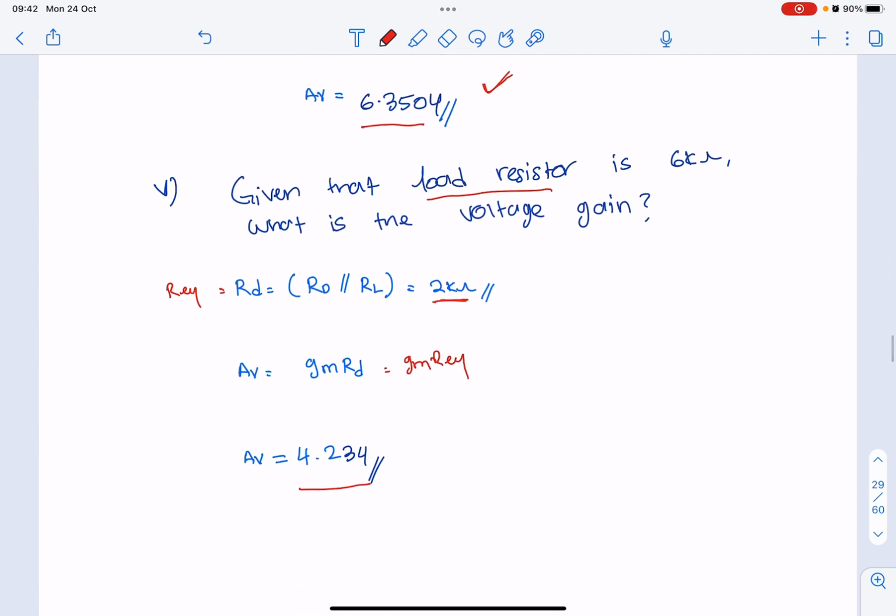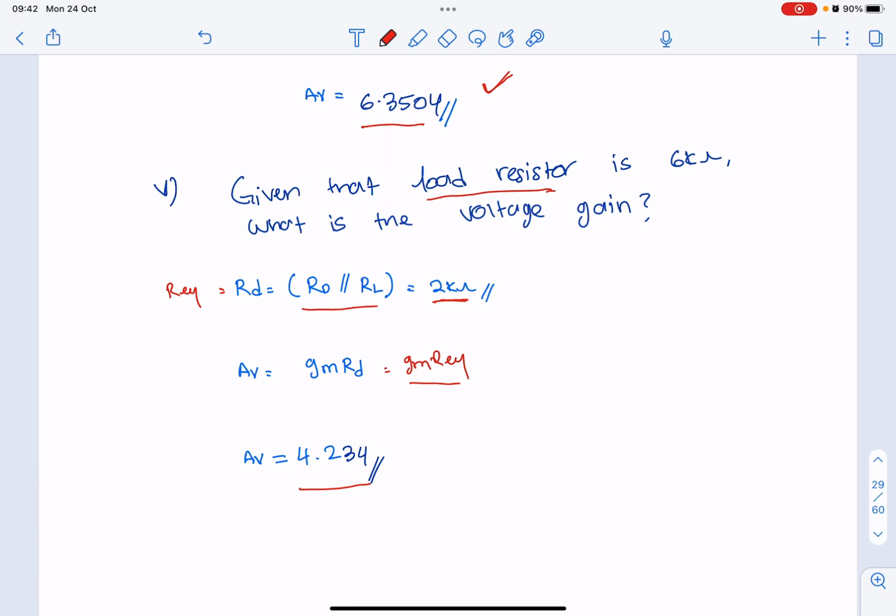And then, if you have a load resistor in your circuit, you need to combine them into one. Then you find the voltage gain. So in the end, your voltage gain is 4.234.